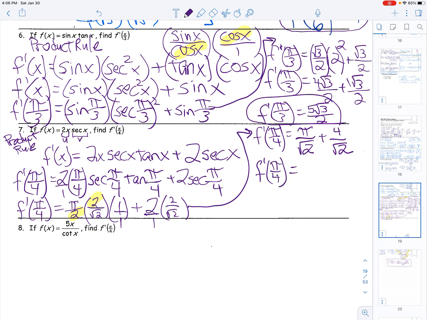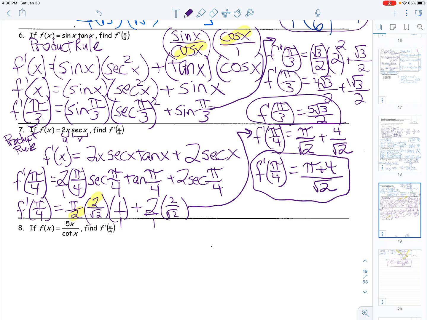So f prime of pi over 4. Add the tops, pi plus 4. I'm just going to write it as pi plus 4. It's not 4 pi. That's pi plus 4 over radical 2. And there you go.